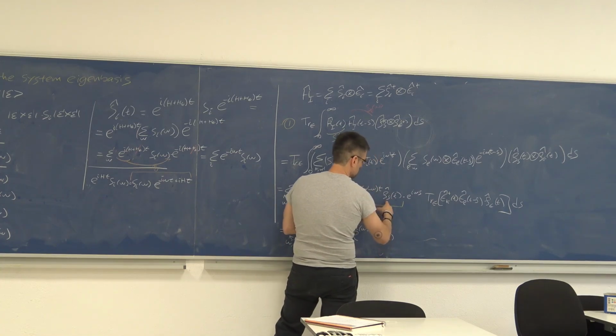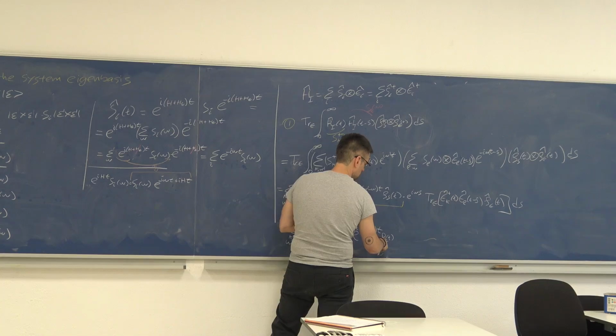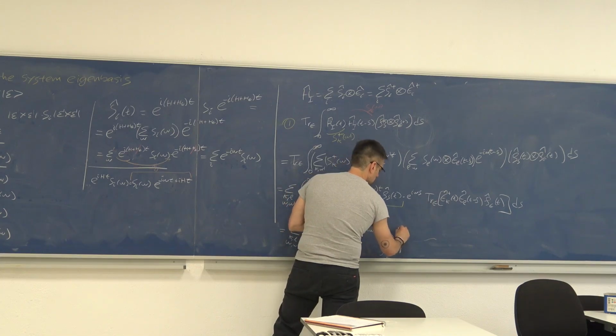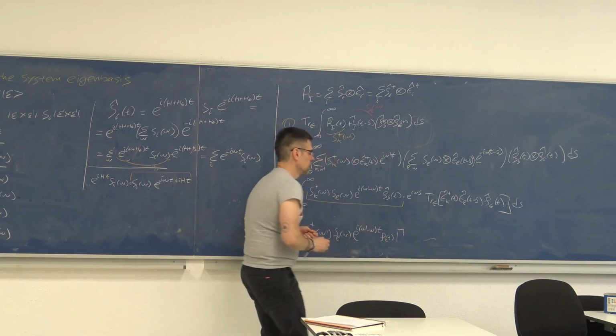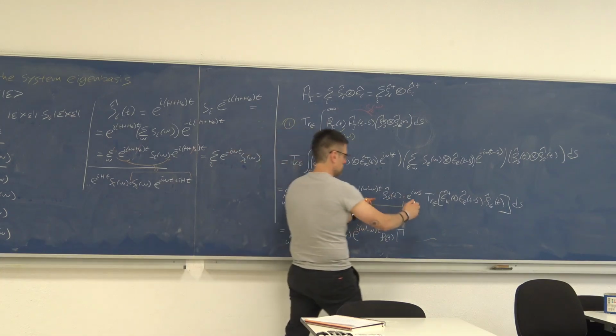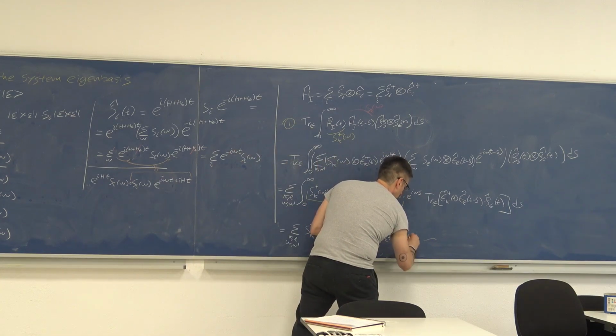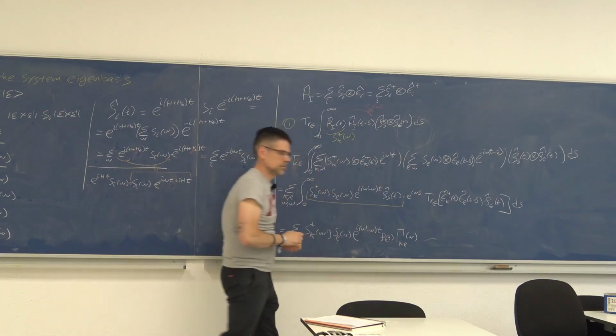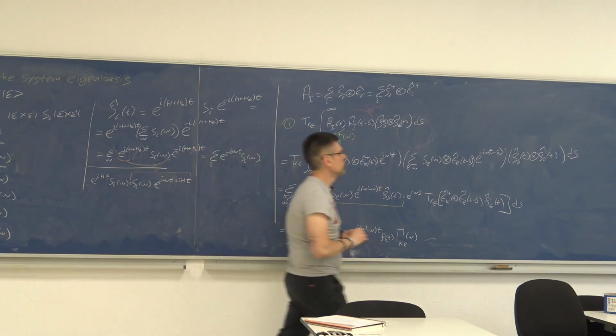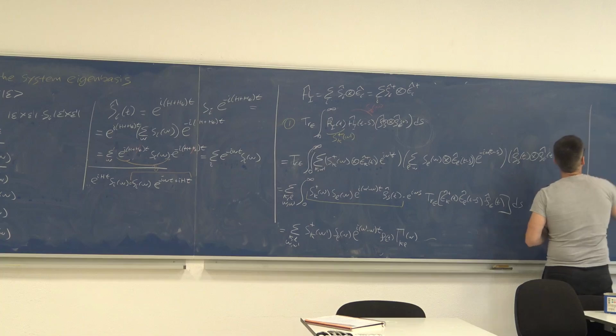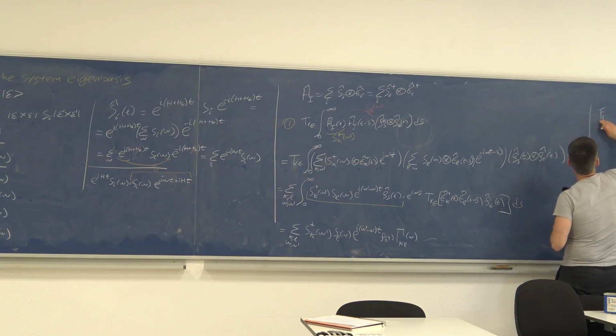I'm writing here rho of S, but I said at the beginning that the system has no subindex. And this will be one parameter. I just make all this integration, gamma KL of omega.